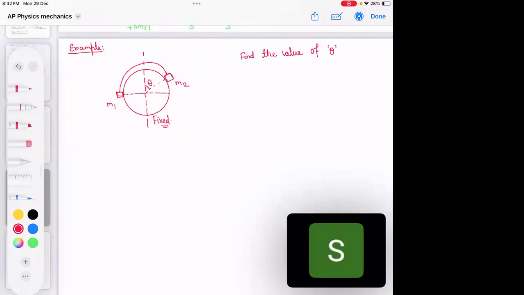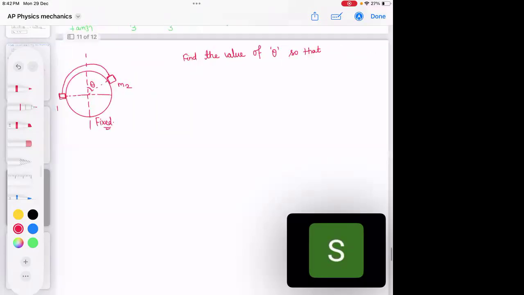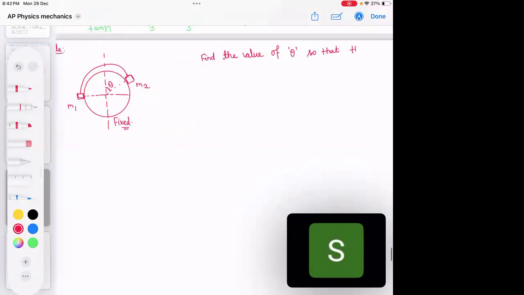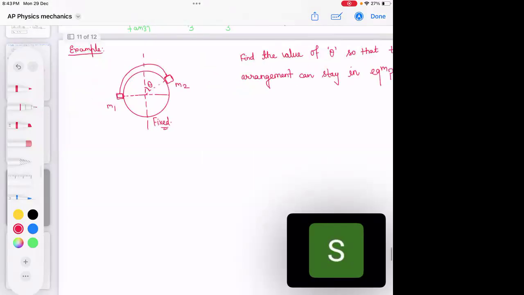Find the value of theta so that this arrangement can stay in equilibrium. Understood? What should be the value of theta so that this arrangement can stay in equilibrium? This is what they are asking.